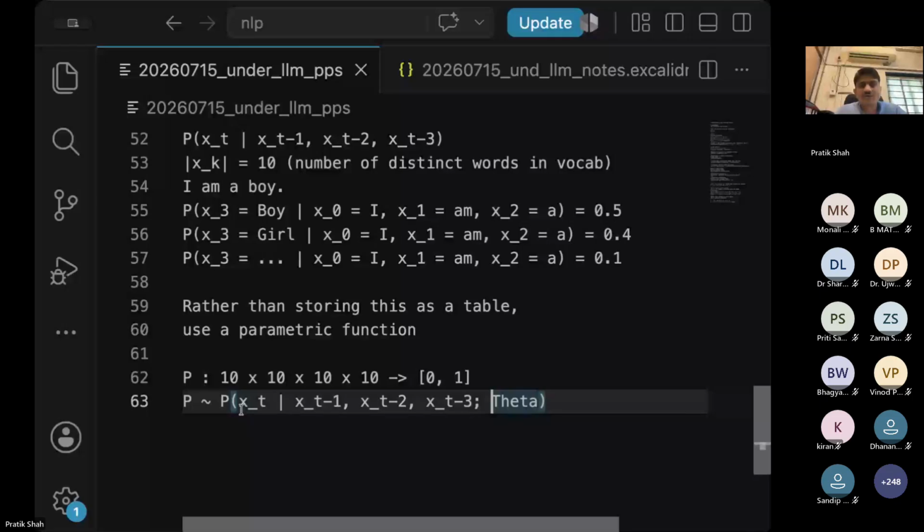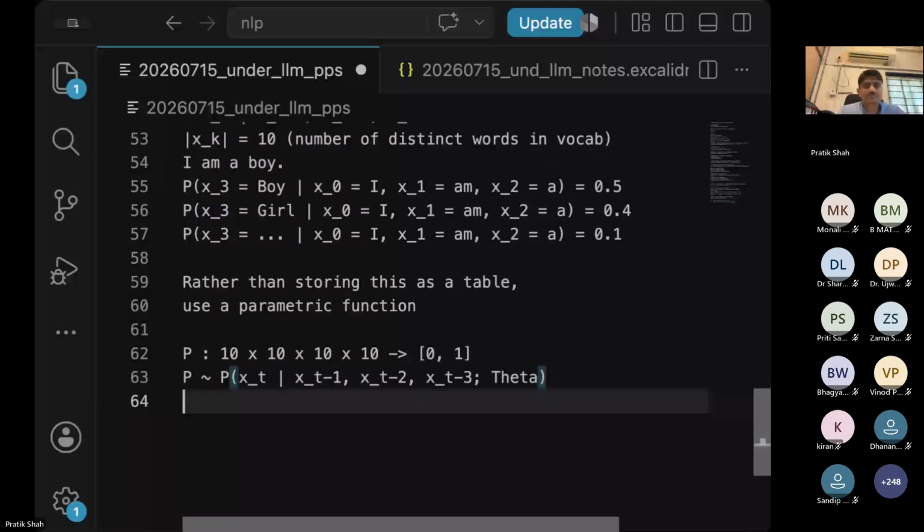Correct. So rather than storing a table, I learn the function approximator for the table. And this function approximator is actually a neural network. So your P is actually a neural network. So a neural network is a function approximator, and that is what you use for your conditional probability distribution.